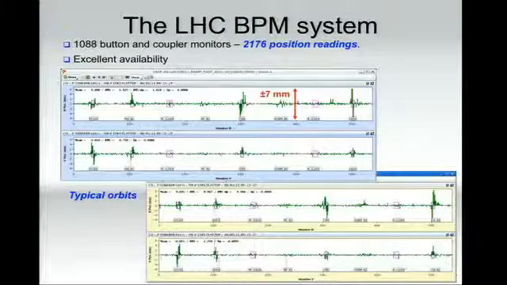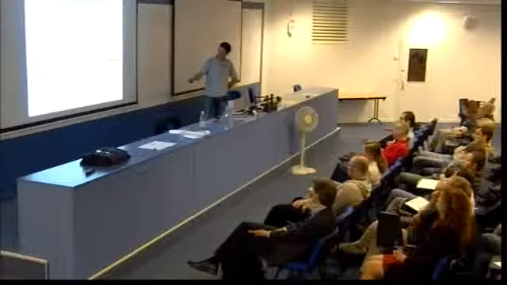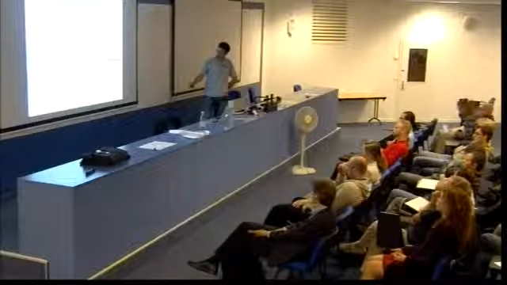The big extended system: the LHC BPM system. Okay, there's 1,088 button pickup monitors out there giving us X and Y around the ring. So these are distributed around the ring, and for both beams, they're feeding up the horizontal and vertical position of the beam at these points. And this allows us to produce pictures of the closed orbits: horizontal beam 1, vertical beam 1, horizontal beam 2, vertical beam 2.